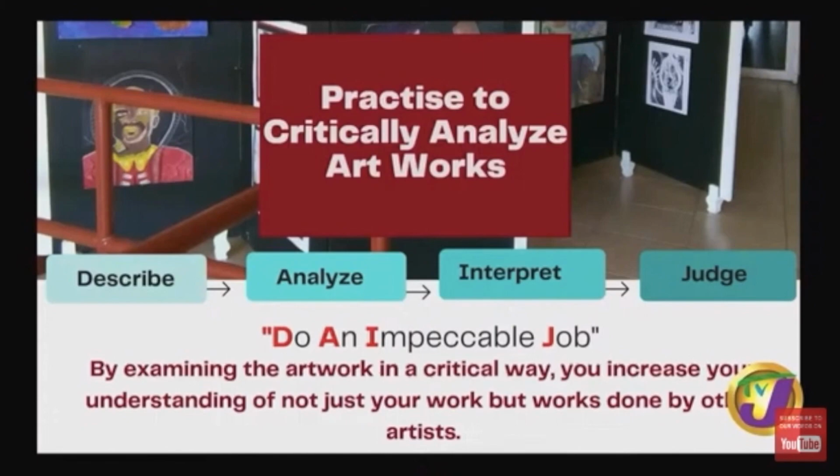By examining artworks in a critical way, you increase your understanding of not just your work, but works done by other artists. How many times have you had questions looking at artwork? Gee, how did he do that? Or how did she do that? By using the same description, analysis, interpretation, and judging the artwork, you'll be able to unlock all of that.